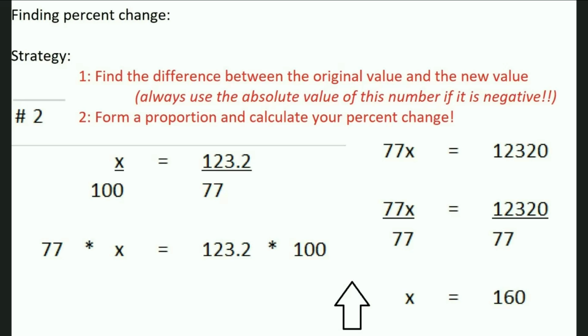So that's a 160% increase. That's what I'm learning from this: the change between 77 million and 200.2 million represents a 160% increase. All right, going on to the next one.